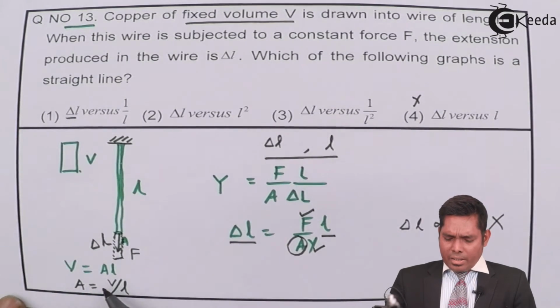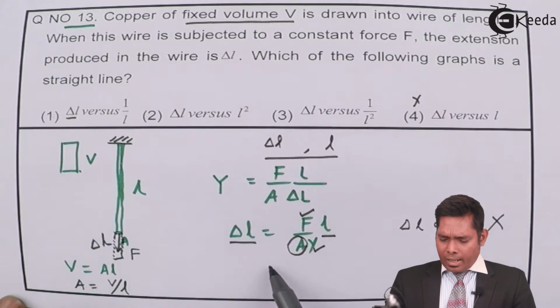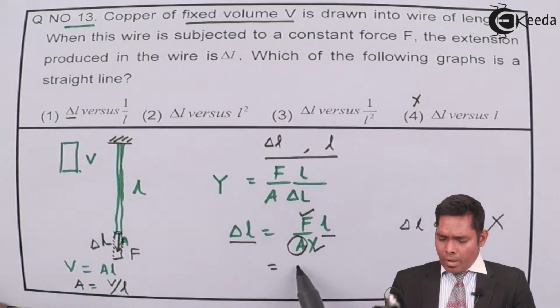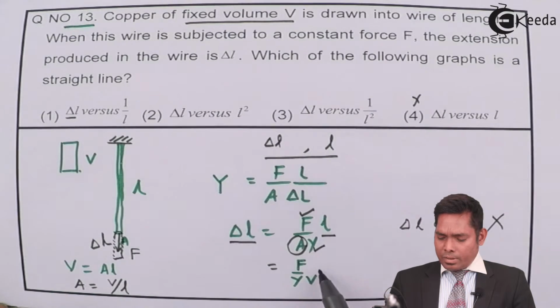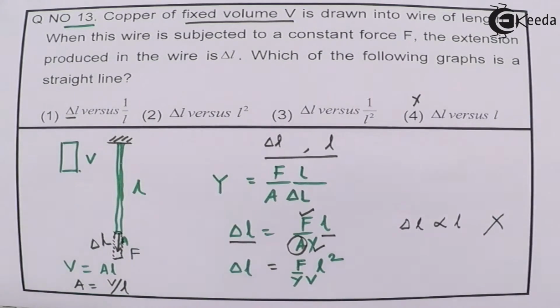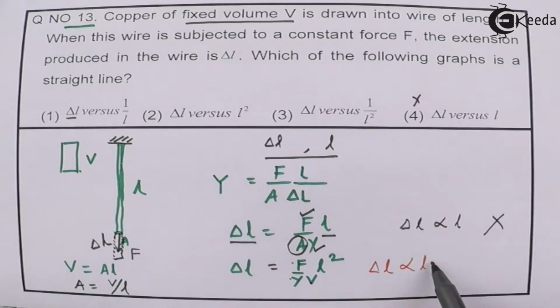If I write A as V over L, then this becomes F over Y, which is already constant, and A will become V divided by L. One L was there, now it is L square. So this is delta L and this is L square. In this situation, I know that F, Y, V are all constants. So I can write delta L is proportional to L square.